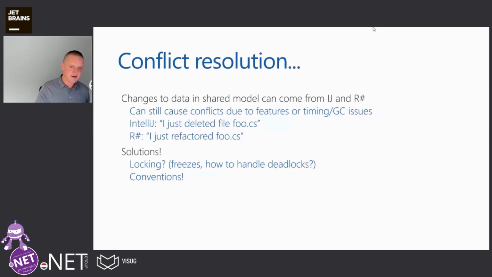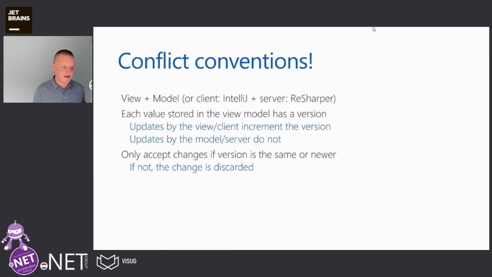We looked at locking. So like when you're doing editing, for example, put a lock so you can't do a refactoring. We quickly decided that's not a solution because you get freezes, you get deadlocks, and all of the things that are common with locking. So we decided to come up with one very simple convention, which is when one of the sides updates the view model, every change comes with a version.